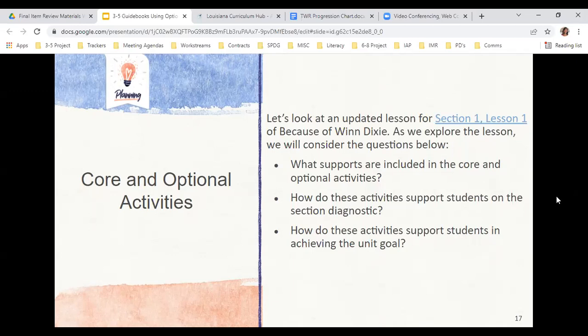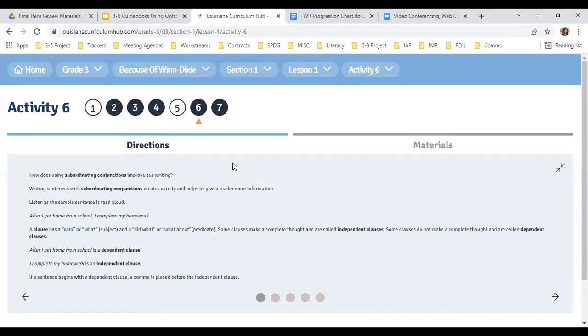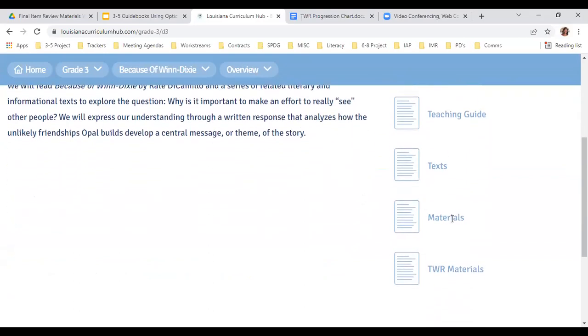How would you be able to share student materials on the screen for students without sharing the teacher notes? So Tara, can you go back to the hub and go to Because of Winn-Dixie for a second? If you can click on home. Perfect. Can you go ahead and circle where the materials are at the bottom of this?